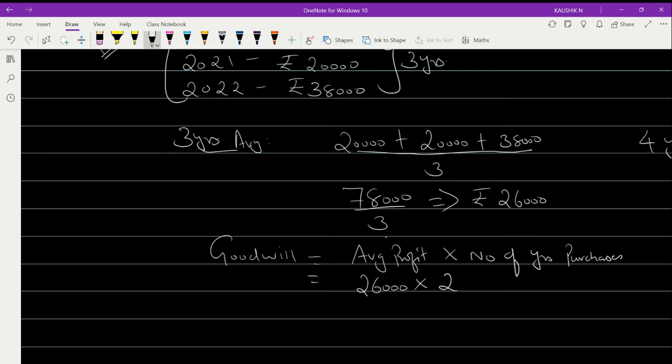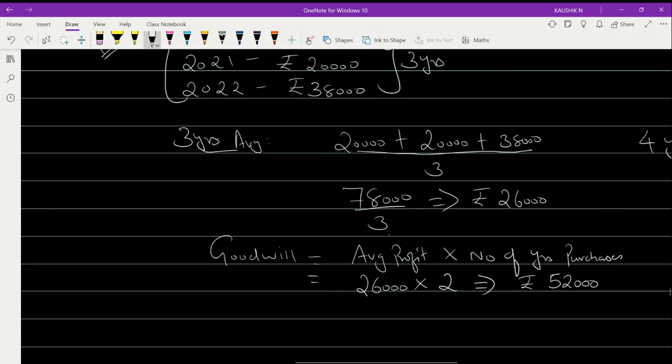If it is mentioned as 2 years, then what will be the value? 26,000 into 2. What will be the goodwill amount? 52,000. Very good.